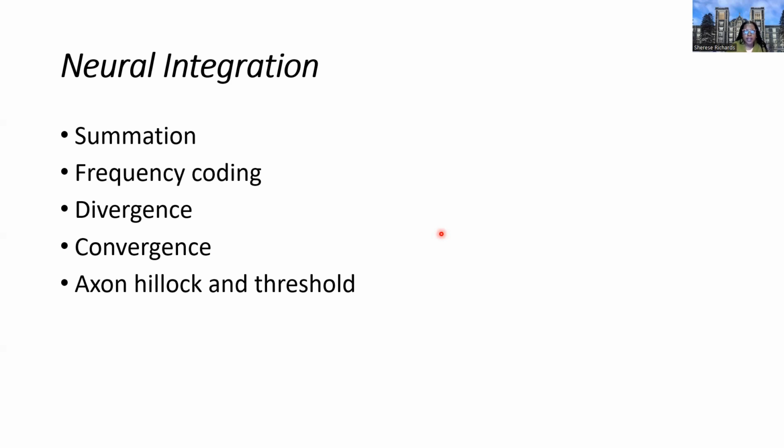A fast signal, a slow signal, a strong signal, a weak signal is all coded in the number of action potentials. We're also going to look at divergence and convergence, which are two mechanisms of summation. And then we're going to talk about the axon hillock and the location of determining the threshold value.